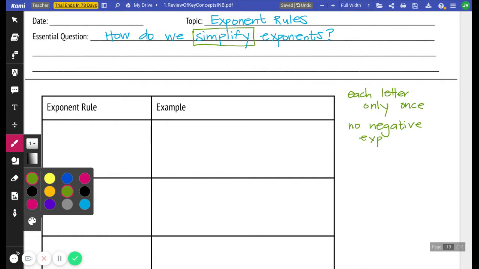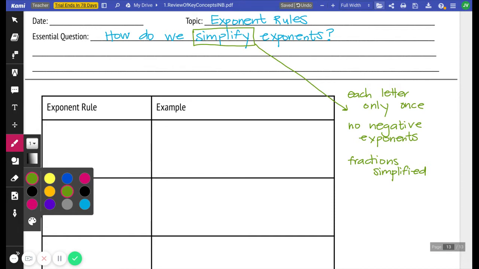Every exponent in our result should be positive, and our fractions should be simplified. And by fraction simplified, I'm talking about if we're given an actual number. So those are some key rules for simplifying exponents.